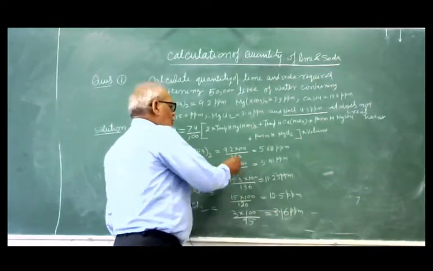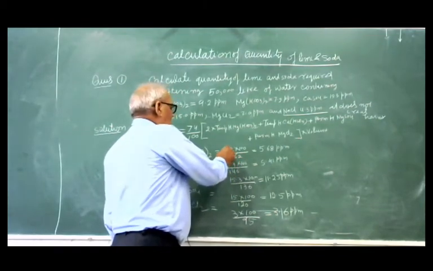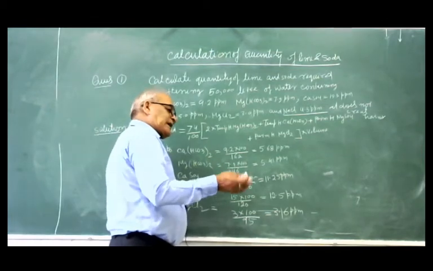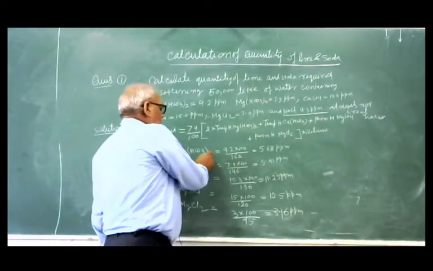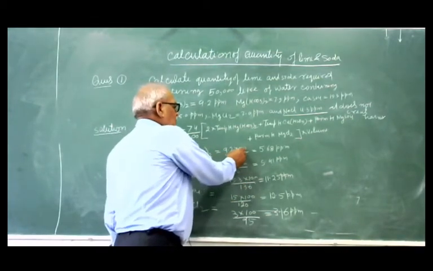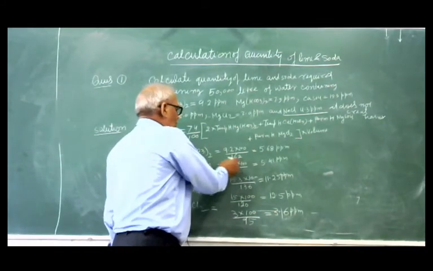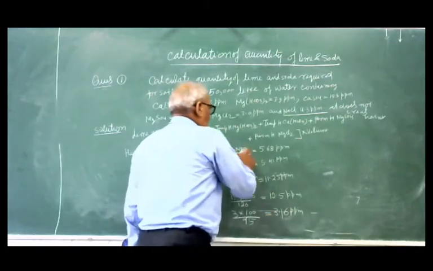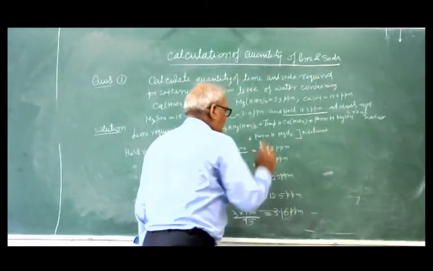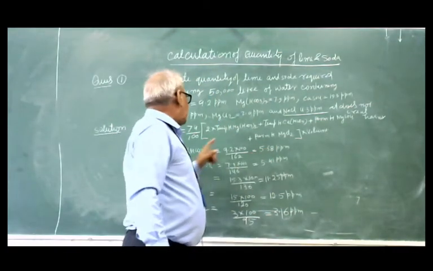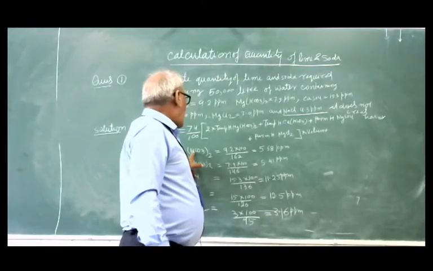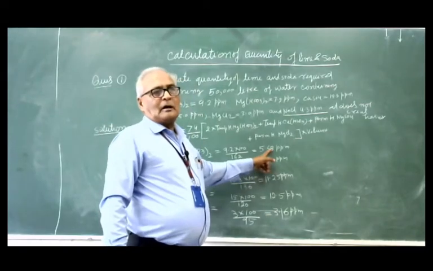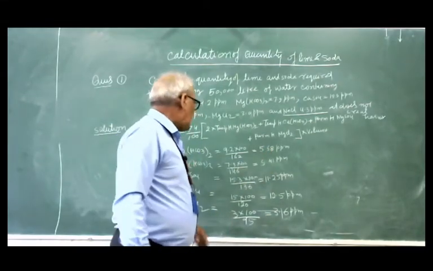So simply you have to remember how to calculate the hardness created by any salt, like calcium bicarbonate: 9.2 into 100 divided by molecular weight of the calcium bicarbonate. After calculation you will get this value. So this is the hardness created by calcium bicarbonate in terms of calcium carbonate equivalent.